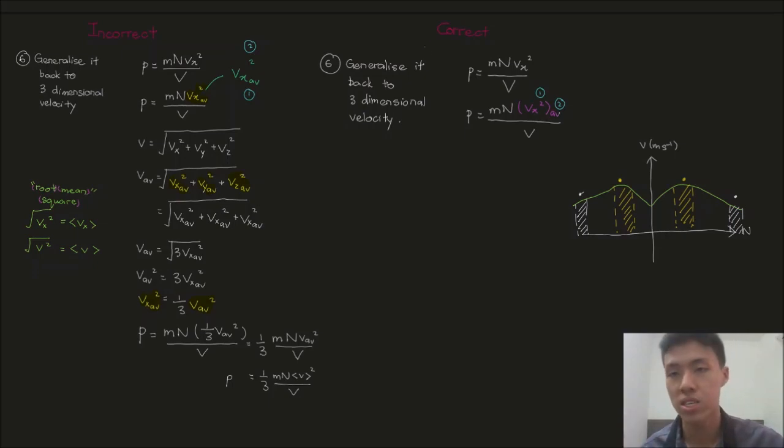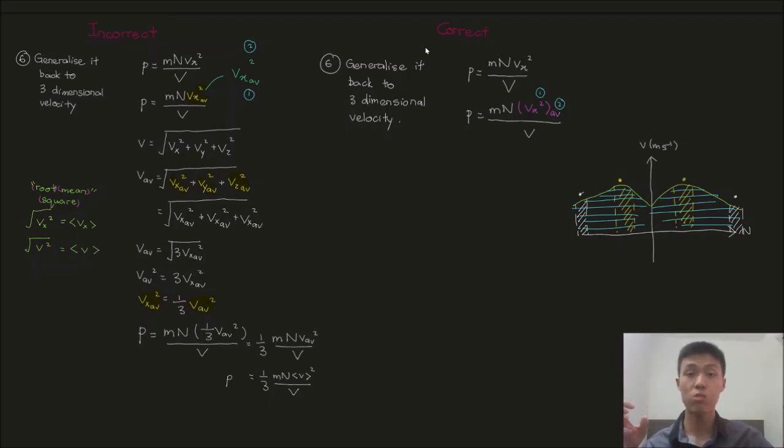The whole area here for negative velocity will be cancelled out by the whole area here for positive velocity. For every high-speed particle moving to the left, you will find another high-speed particle moving to the right, because we say equal numbers of particles move to the left and to the right. For every low-speed particle going to the left, you will see another going to the right. So if you average them, left and right cancel each other out, and you end up with 0 average velocity.